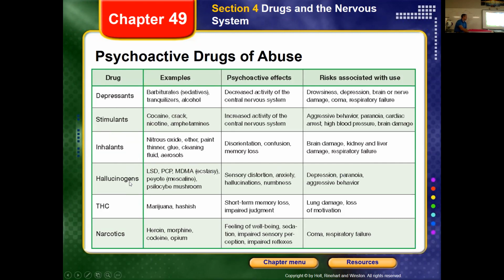Hallucinogens, this is acid, ecstasy, your mushrooms, things like that. These are things that affect the central nervous system that may cause you to see things that aren't really there. Obviously, this is going to cause depression, paranoia, and aggressive behavior. I would probably be very paranoid too if I was seeing things that really weren't there, like dragons chasing me, and things like that.